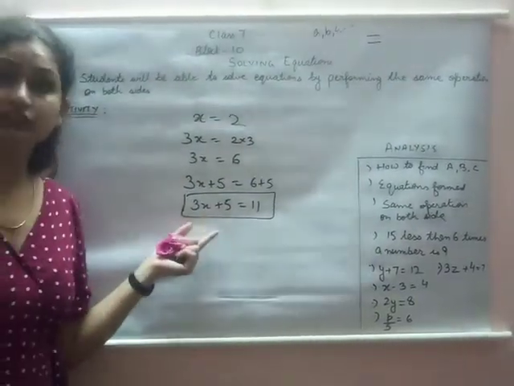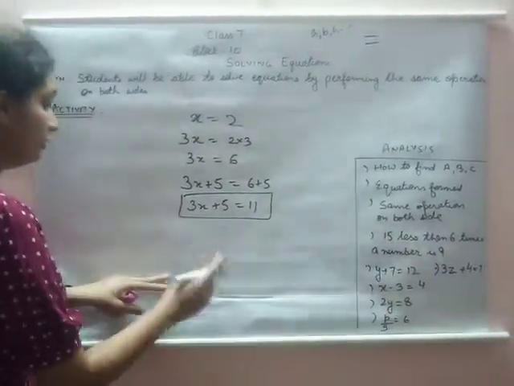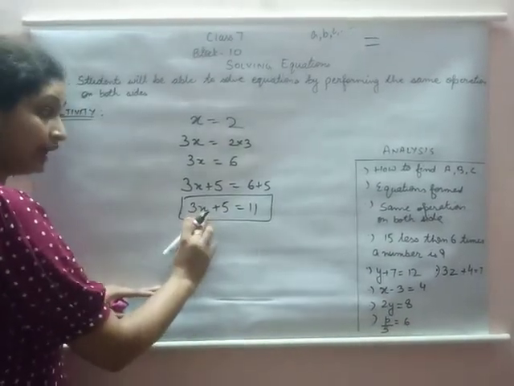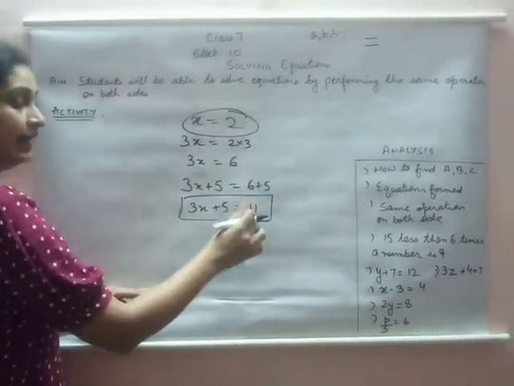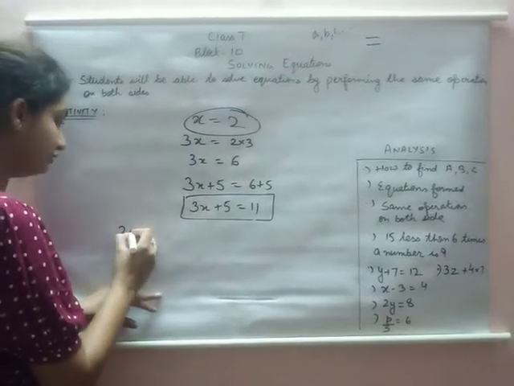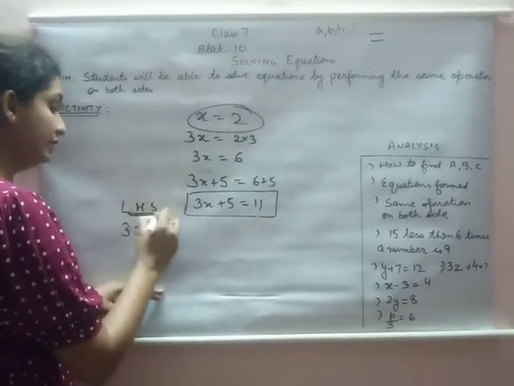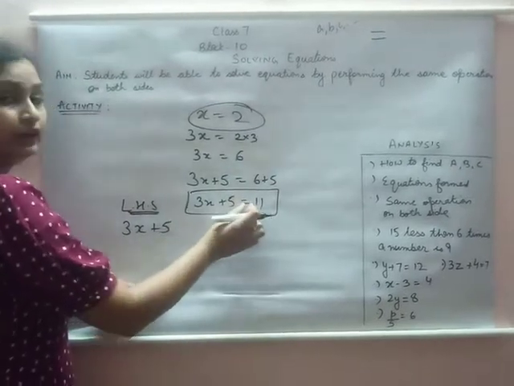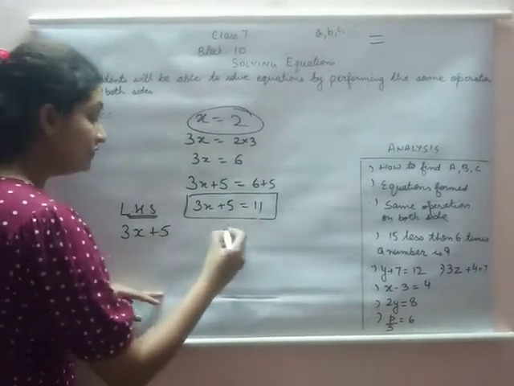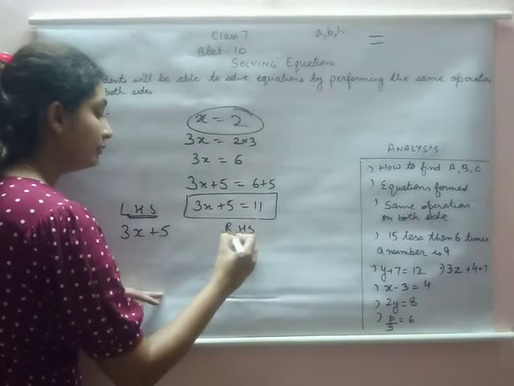And we can cross check the value also. If I put in the value of x which we started with, I'll get the answer. Let's verify. 3x plus 5 is the LHS part, the left hand side. LHS means the left hand side of the equals sign. And 11 is the right hand side part.